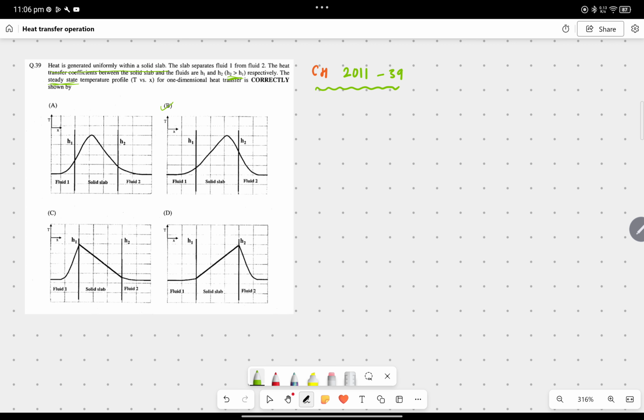There are two fluids, fluid 1 and fluid 2, and a graph is given. For that you had to know the steady state heat transfer equation with a heat generating source.